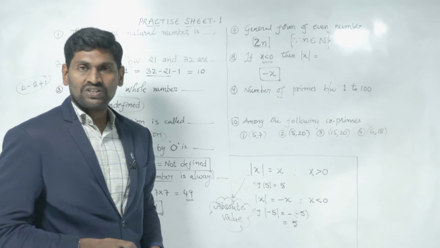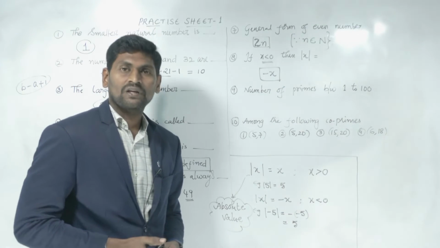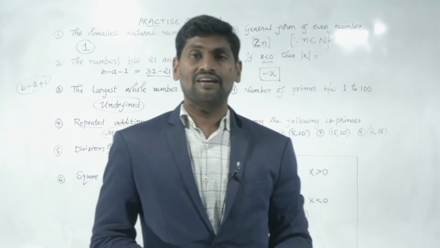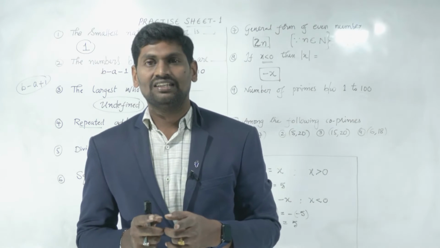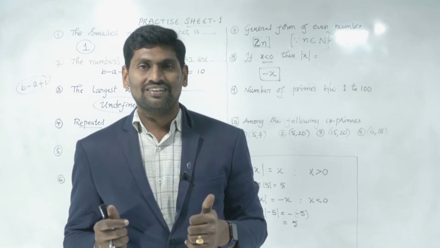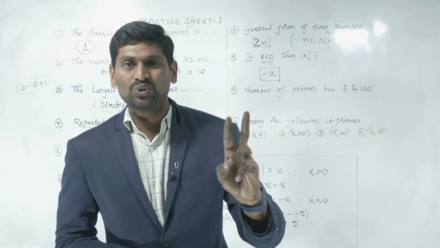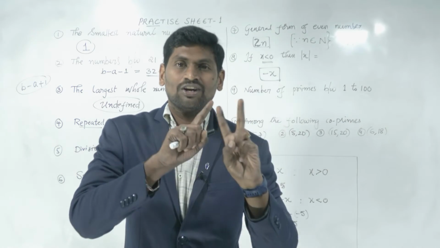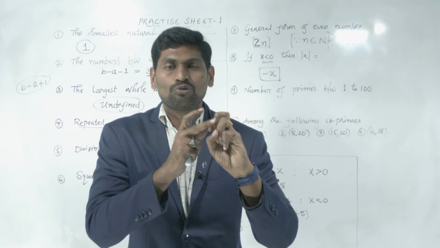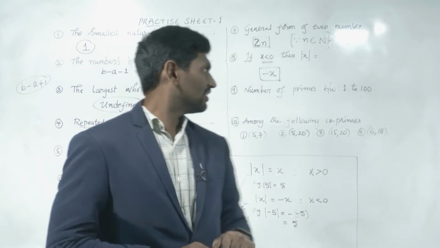So prime numbers means the numbers having exactly what? Very good, 2 factors. The numbers having exactly 2 factors. What are the 2 factors? 1 and itself. Very good.